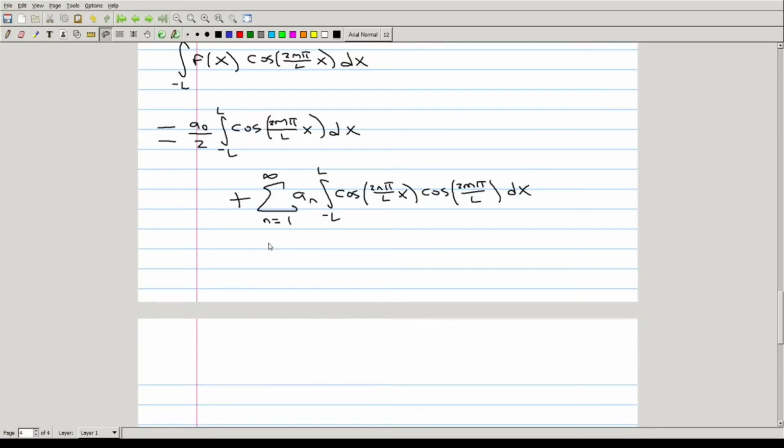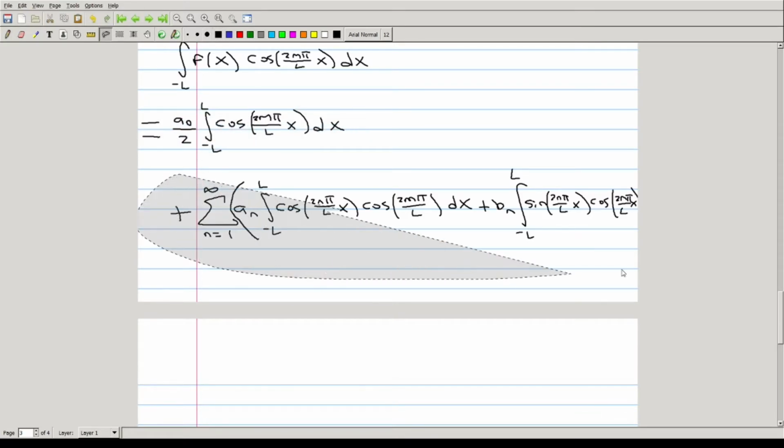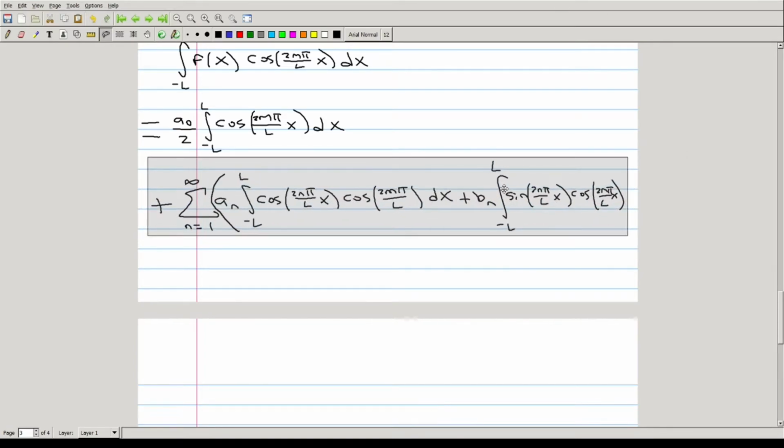And then plus b n times the integral from negative L to L of sine of 2n pi over L x cosine of 2m pi over L times x dx.